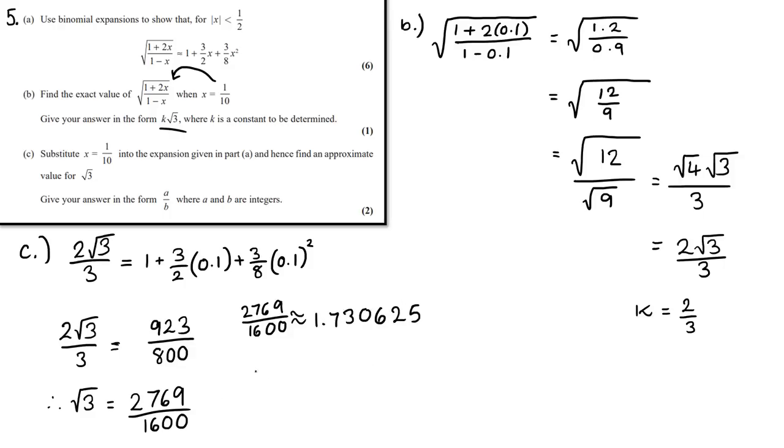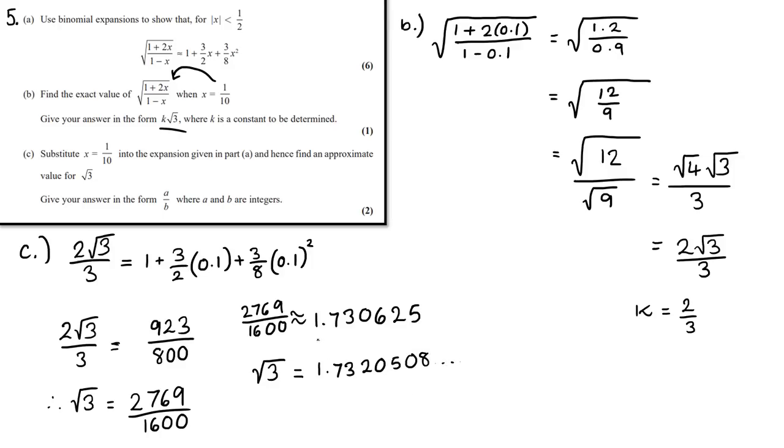Now root 3, if we just find what root 3 is, these two answers should be very, very close. If we get something that's wildly different, then we've done something wrong. So root 3, put that into our calculator, and what we get here is 1.7320508, and so on.